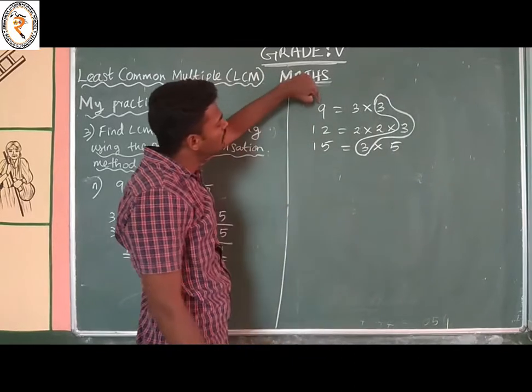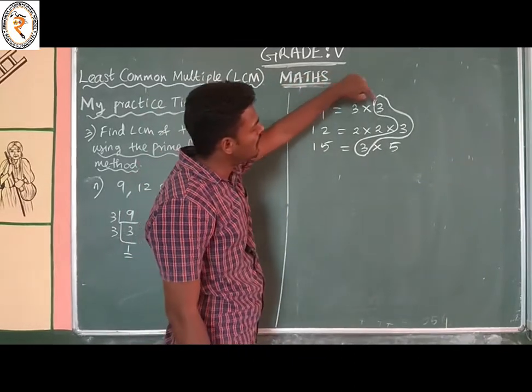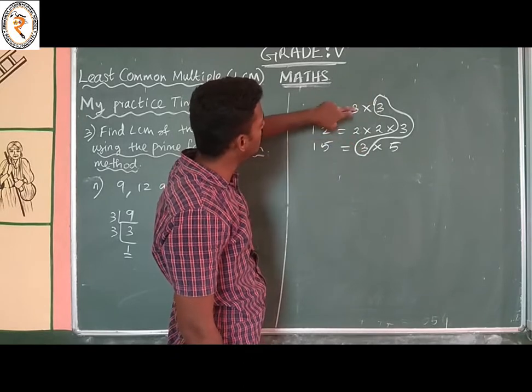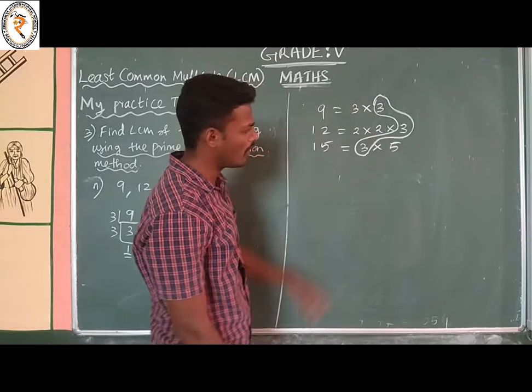3 is a common number, and the other numbers are 3, 2, 2, no common numbers.